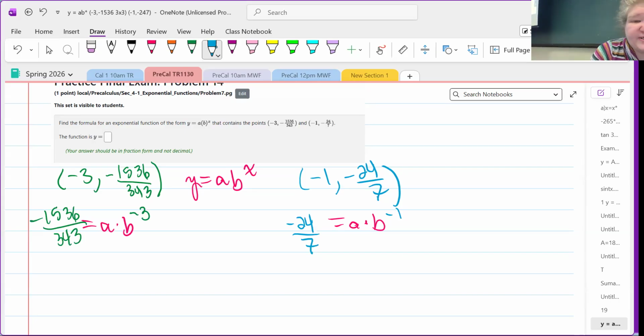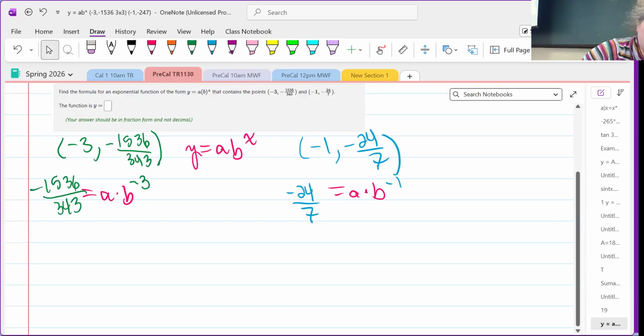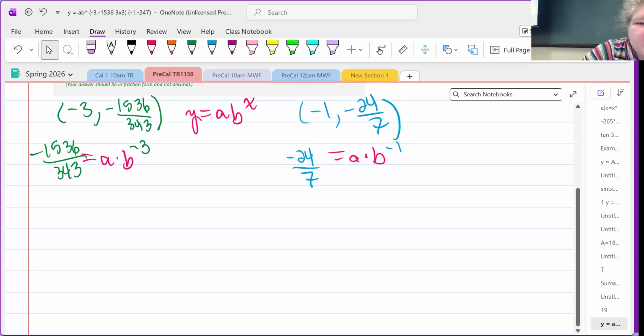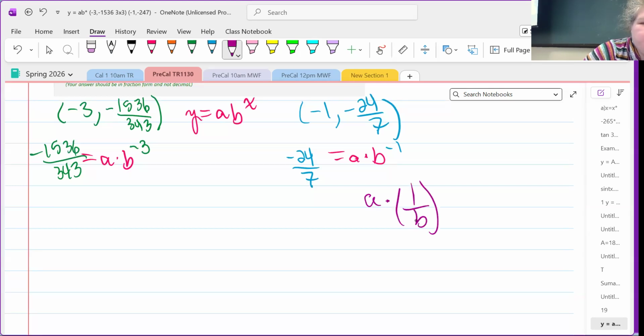All right, so I have to take one of these formulas and solve for a variable and plug it into the other one. So the b to the -1 here, that power is a little smaller, so I'm going to rewrite this. That'll be a times 1 over b. So to get a by itself, I need to get rid of 1 over b.